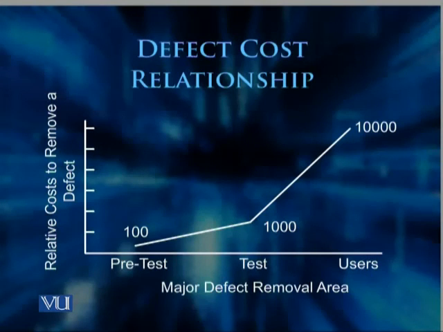And even if you compare pre-test and test, there's an order of 1 to 10. This chart alone ought to convince you that pre-test inspections and reviews are a very good mechanism for software defect detection and removal.